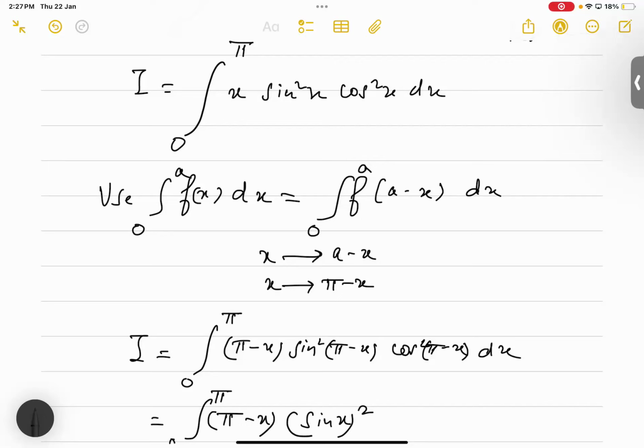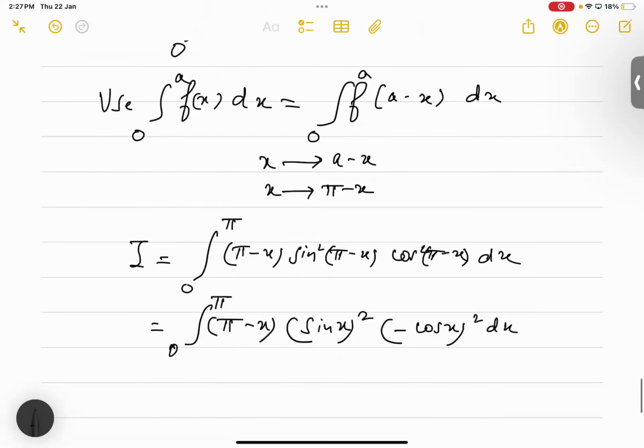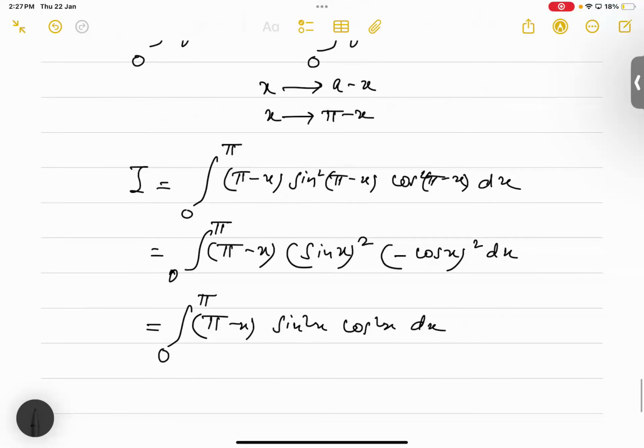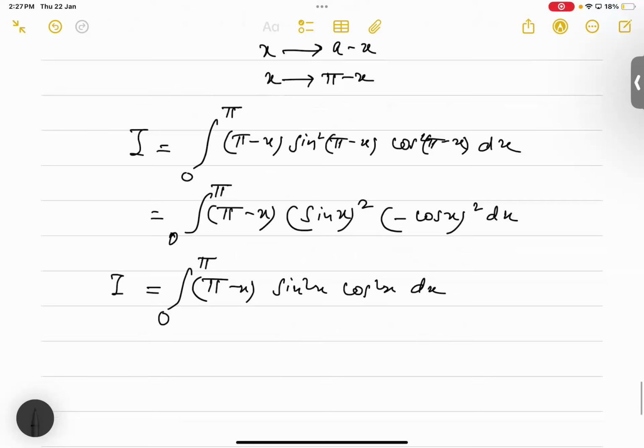In the second quadrant, cos is negative, no? But since it is squared, the net effect will be positive. So we get integral of pi minus x, sin square x, cos square x, dx. Equation number 2. Add 1 and 2.